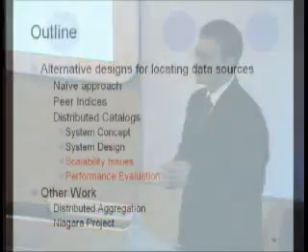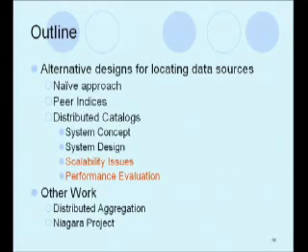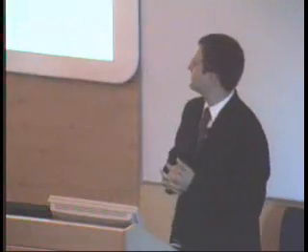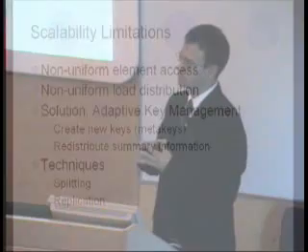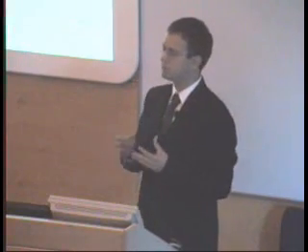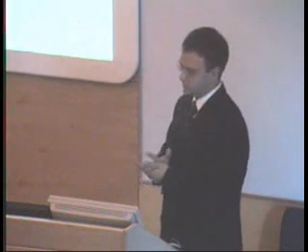So by using the DHT to build the catalog service this way, certain scalability issues arise, and I'll talk to you about those now. They stem from the fact that there's going to be non-uniform element access during catalog lookups. Some elements are more popular than others, and that's natural.